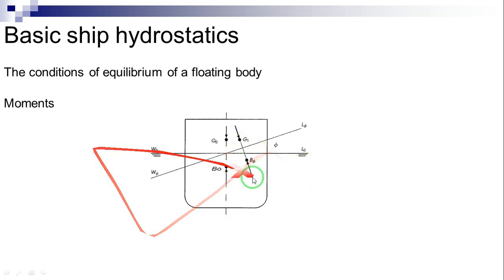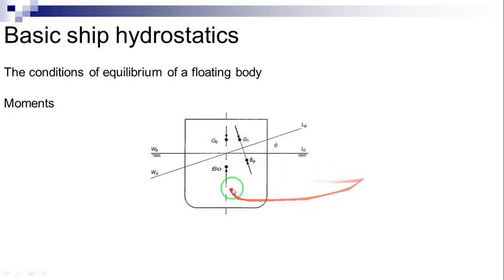There is a possibility of redrawing this figure so that all situations are shown in one figure. To do this, instead of showing the body inclined clockwise by an angle phi and keeping the waterline constant, we keep the position of the body constant and draw the waterline inclined counterclockwise by the angle phi.